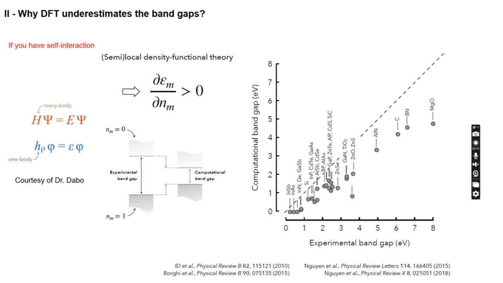Therefore, if you look at orbitals that are completely filled, namely the valence electrons, this means that their energy will be overestimated in the DFT simulations because as you occupy an orbital, the energy is too large. And the same thing goes for the conduction electrons as well. Because the orbital is unoccupied, the energy is going to be underestimated. Because of that, the band gap you obtain in the DFT simulations is going to be lower than the experimental values.